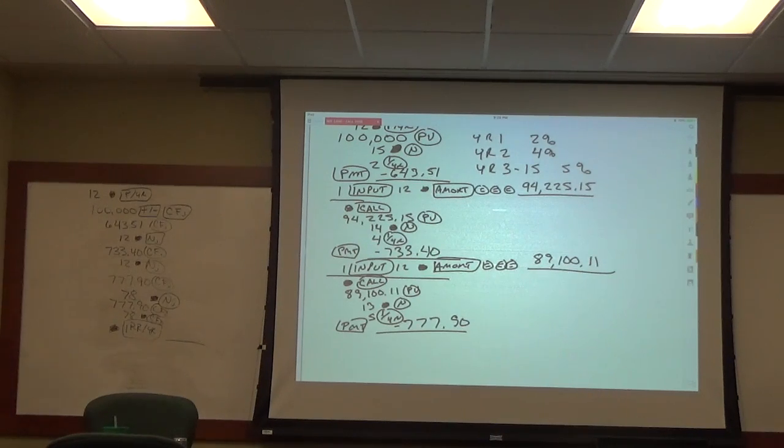Okay, so once we've got all of that, then it's pretty straightforward. We just simply put it in. So 100,000 negative cash flow, 643.51 cash flow occurring 12 times, 733.40 cash flow occurring 12 times, 777.90 cash flow occurring 78 times, and 777.90 cash flow occurring 78 times.